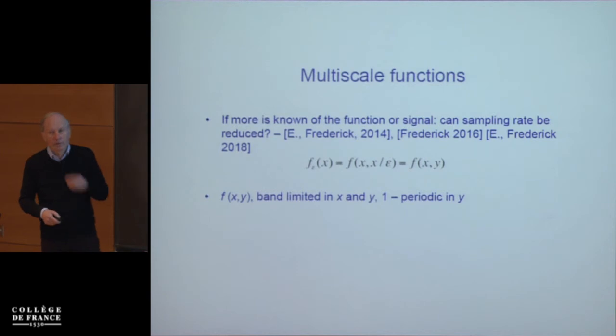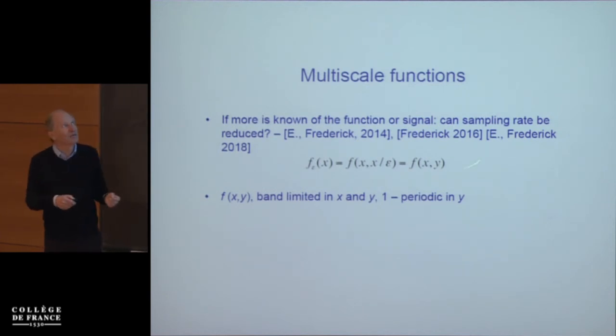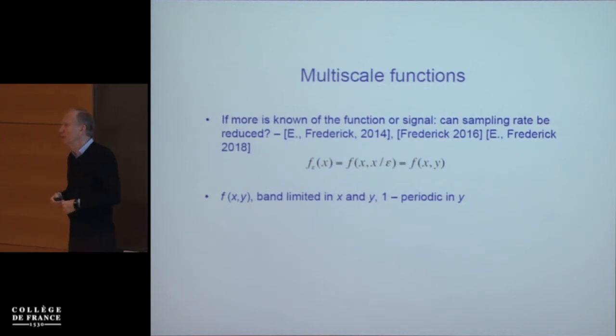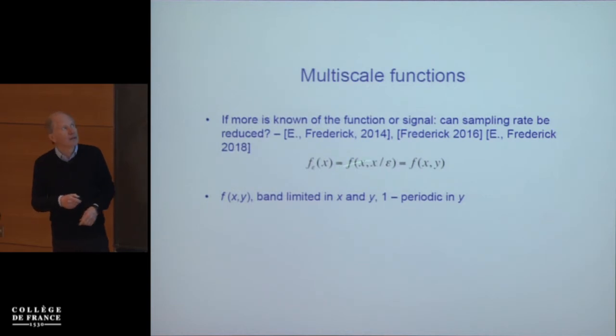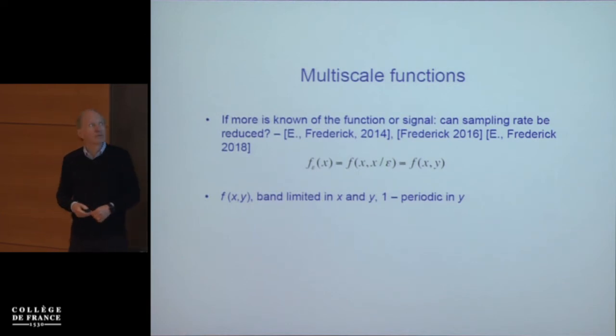So what if we now look at this kind of scaling law that we had in the beginning, that is typically in certain parts of averaging and homogenization theory in its cleanest form, where we have the fast scale separated from the slow scale, so you have a function that depends on 2 variables.